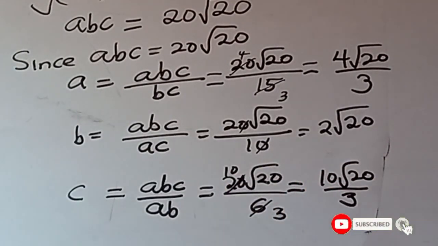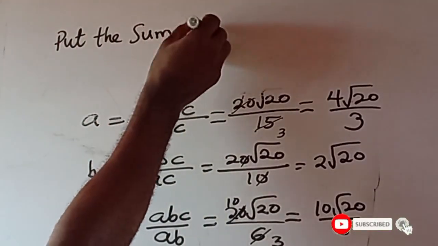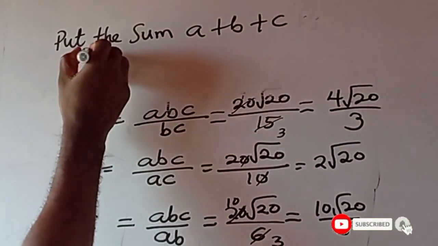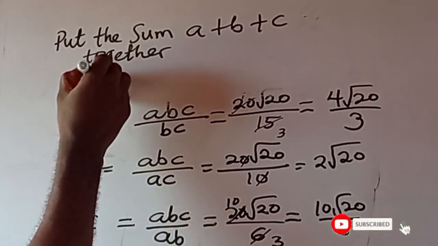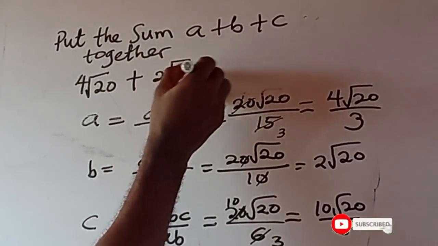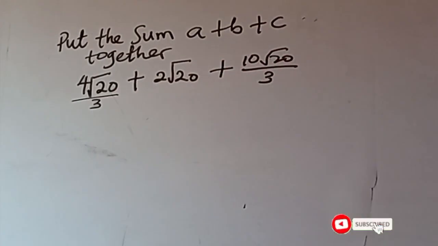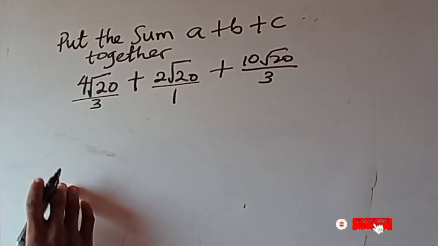Don't forget, next thing is addition. So put the sum A plus B plus C together. Let's do it together. Once our values are gotten, we have 4 root 20 plus 2 root 20 plus, you can see, 10 root 20 over 3.